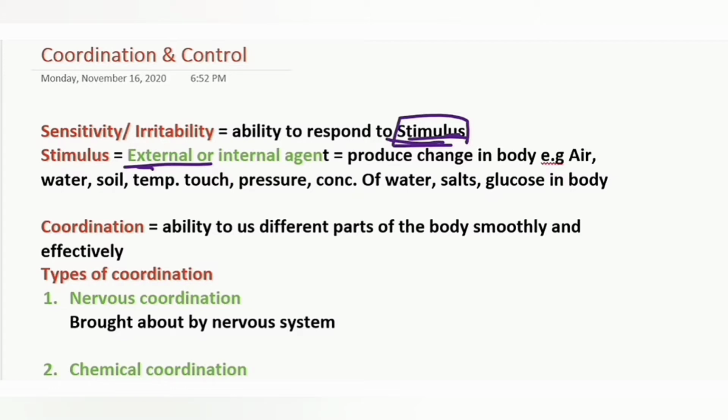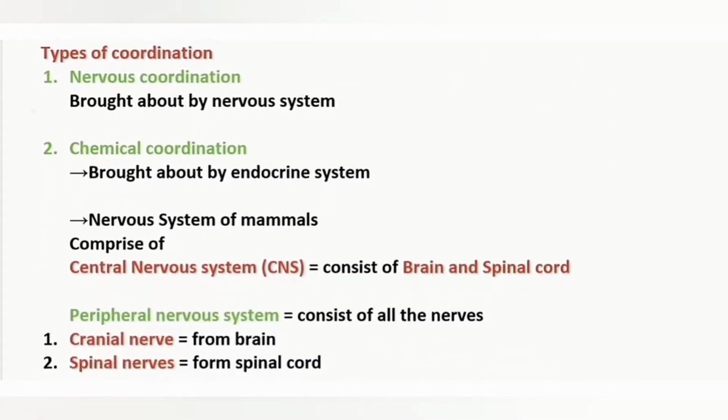Coordination is the ability of the different parts of the body to work smoothly and effectively. There are different types of coordination. Coordination can be chemical coordination, or it can be nervous coordination, right?